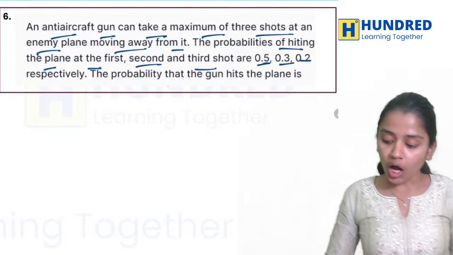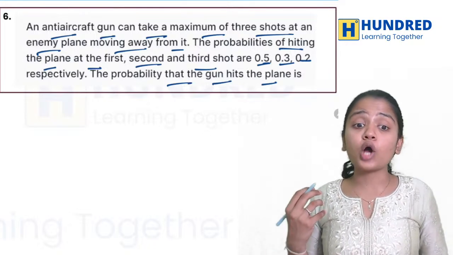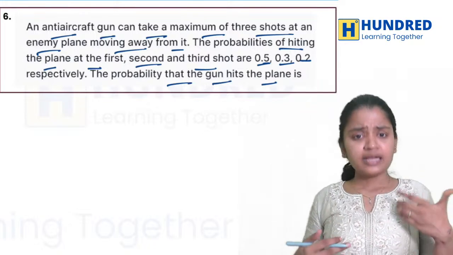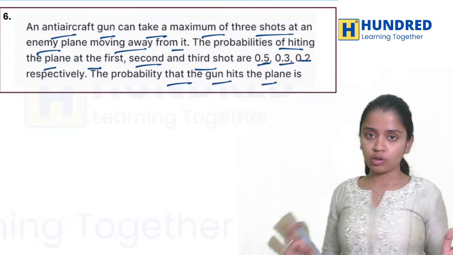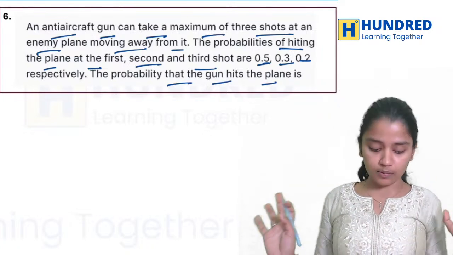Now probability that gun hits the plane. So first shotல hit ஆகலாம், இல்ல செகண்ட் ஷாட்ல ஹிட் ஆகலாம், இல்ல தேர்ட் ஷாட்ல கூட ஹிட் ஆகலாம். ஆனா எந்த ஷாட்லயாச்சும் ஹிட் ஆயிரும். அதோட probability என்ன?